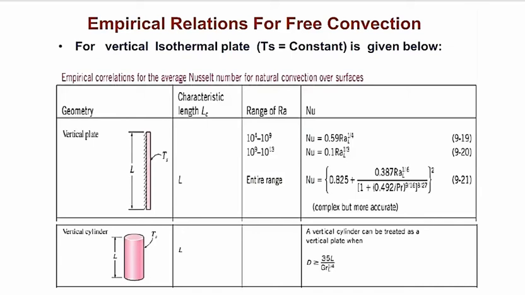For the first range, the Nusselt number will be 0.59 into the Rayleigh number raised to power 1 by 4.